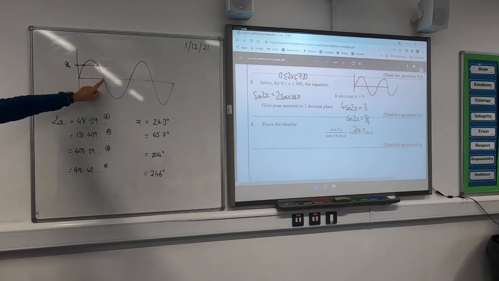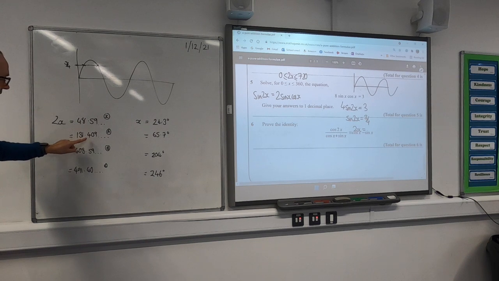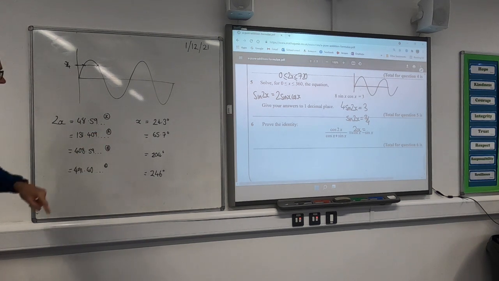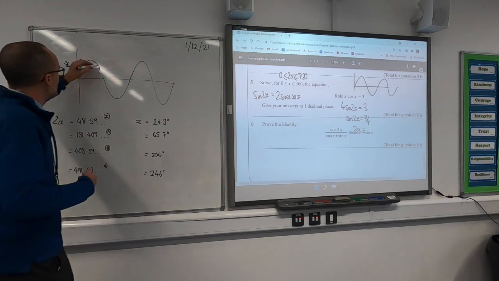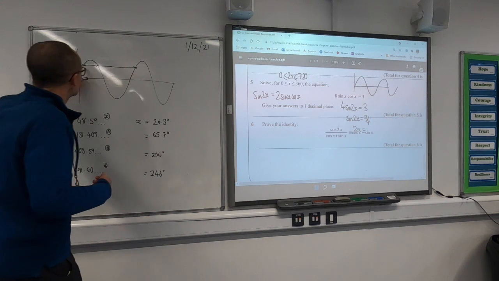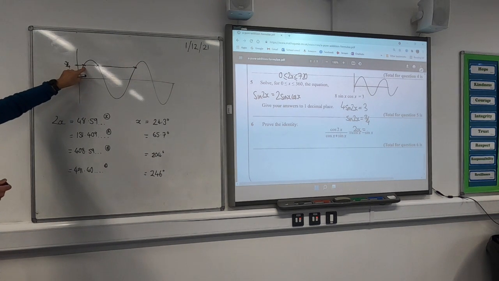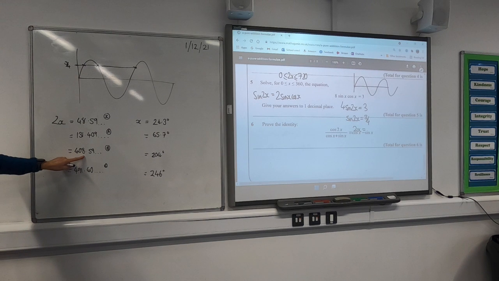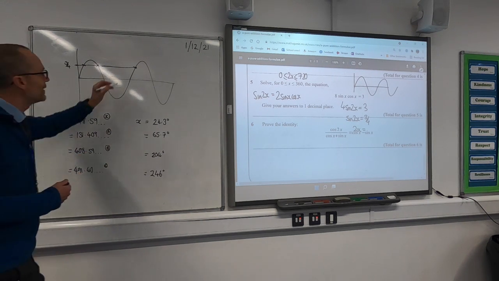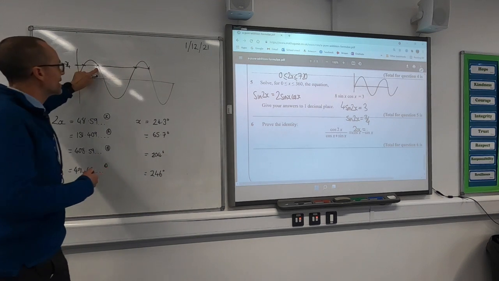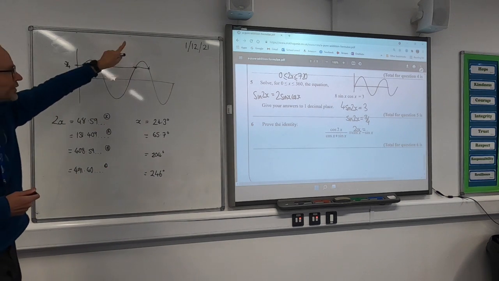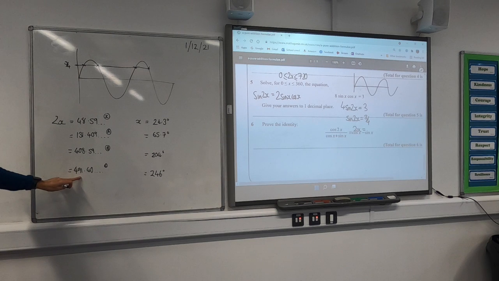And then my next solution is 180 take away that, so I just did 180 take away x, and I stored that answer in A. And the reason I did that initially was that this solution here is 360 degrees more than that. So to work out this one, I just did 360 plus x, and I stored that in B. And then this solution is 360 more than that. It's a full cycle after it, so I just did 360 plus A to get that one.